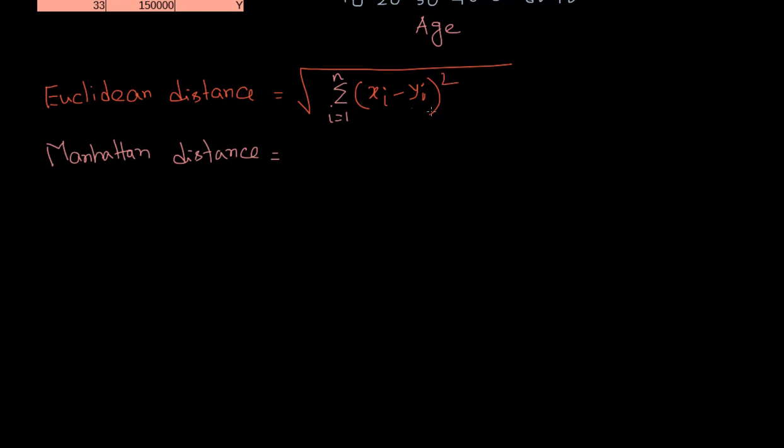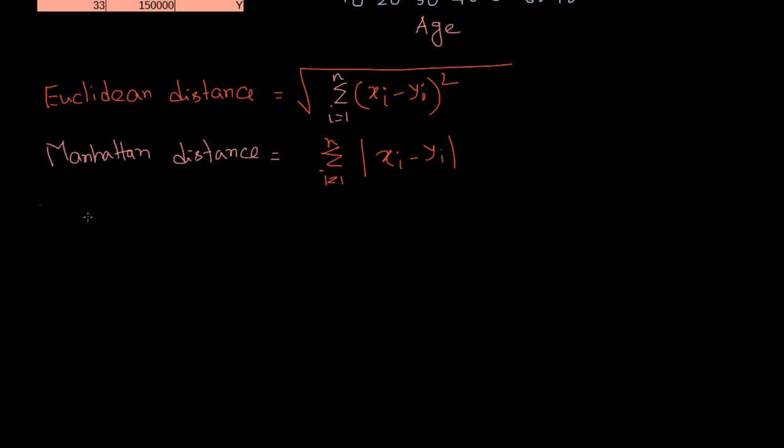For each and every feature we subtract their corresponding values, take the square, and sum it up. For Manhattan distance we take the summation, i equals 1 to number of features, of the absolute value of the difference. This is the Manhattan distance.